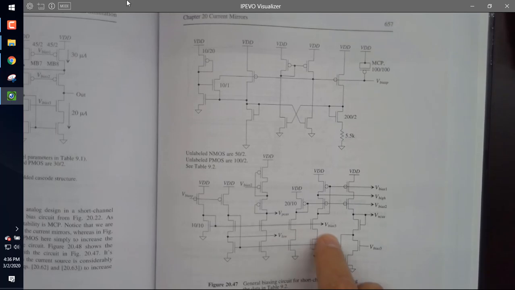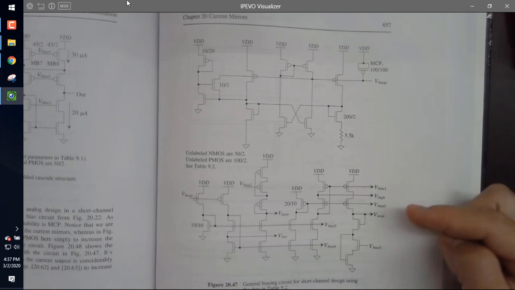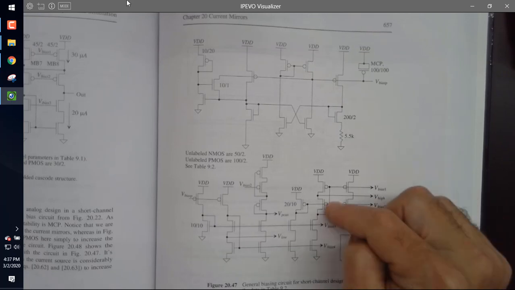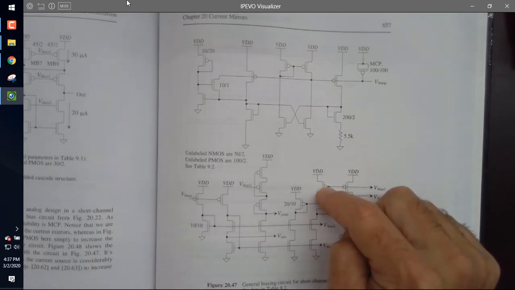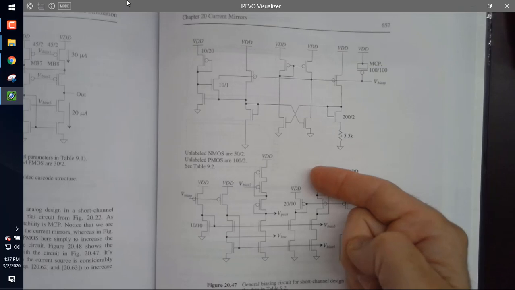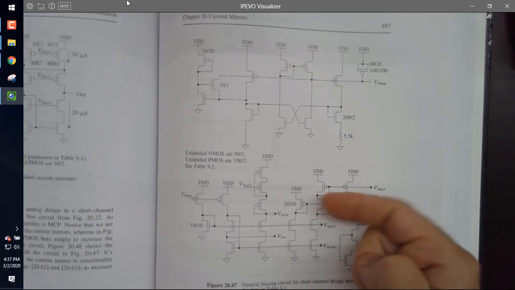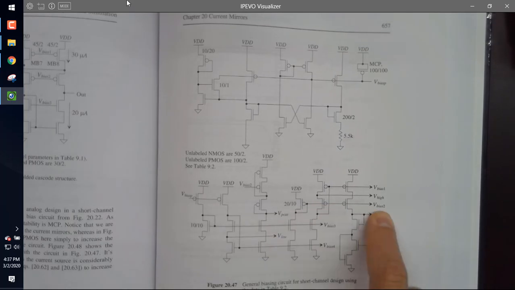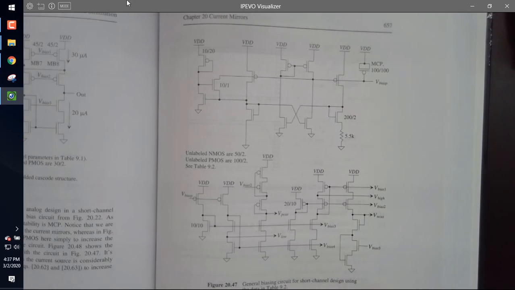VGS plus VDS sat. What is V bias 2? VDD minus VSD sat minus VSG. Anybody get that? One more time. VDD minus VSD sat, and then from here over minus VSG to V bias 2. Any questions on that, Sony?